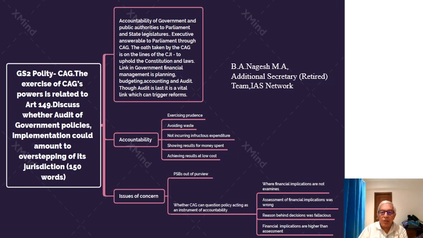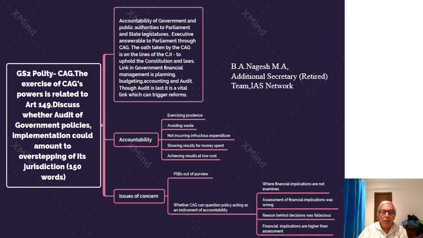Here I take the stand that, in the hypothetical situations I've examined, it will not amount to overstepping of his jurisdiction, because the CAG is only pointing out the principles of accountability, like we analyzed in the first part of the answer: exercising prudence, avoiding waste, not incurring infructuous expenditure, showing results for money spent, achieving results at low cost.